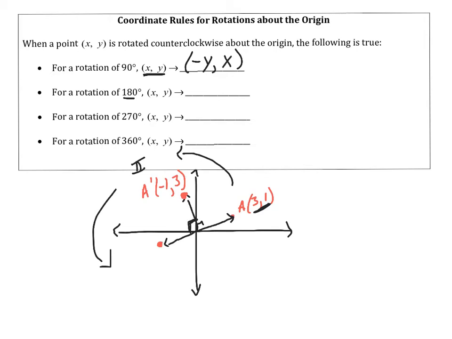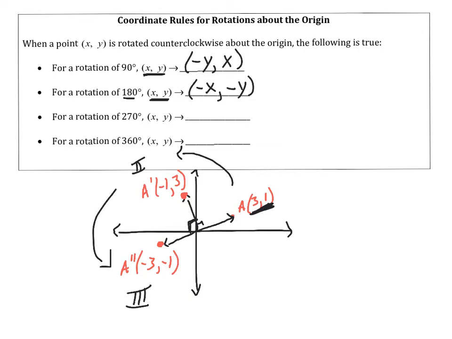So I'm going to end up with A double prime, in the third quadrant, where both my coordinates are going to be negative. A double prime ends up at (-3, -1). So now I want to figure out my rule for 180. We went from (x, y), which was at (3, 1), to (-3, -1). So my x and y stayed in the same position, but both of them changed sign.